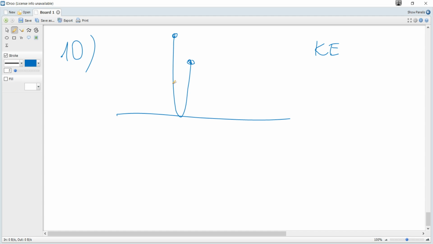Since the speed of the ball changes, the kinetic energy of the ball changes, so it's not elastic.